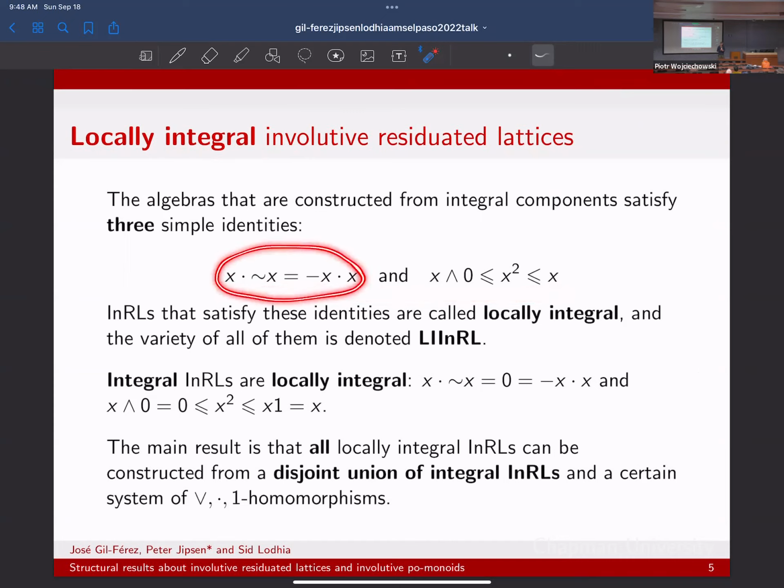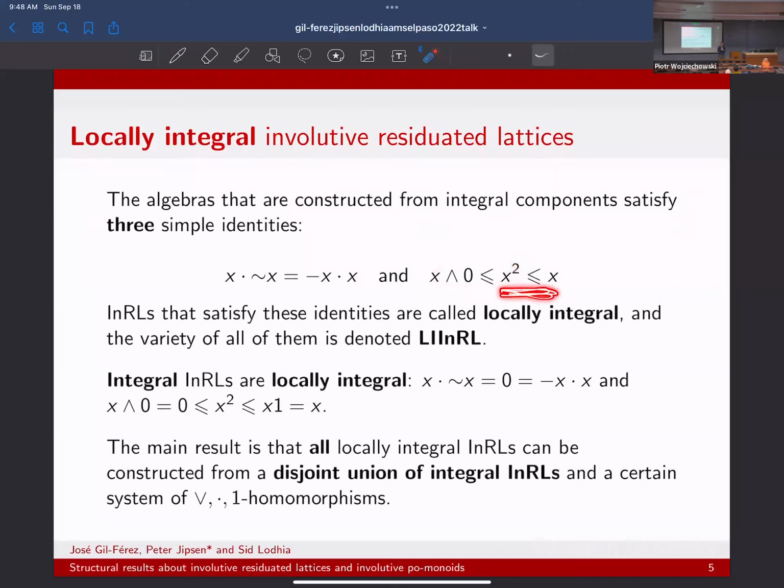The first equation is telling you some nice interaction between the 2 different unary operations. Here's the second equation. It's a bit weird. It's just the shortest version of it. It says that the elements that are below 0, these elements of the form x meets 0, have to be square increasing. When you square them, you stay below 0.